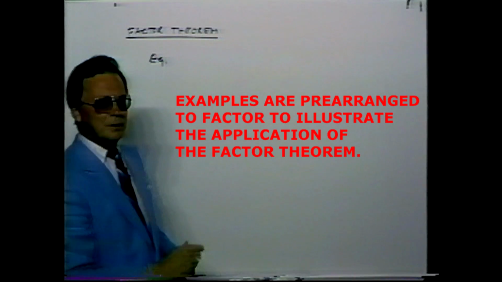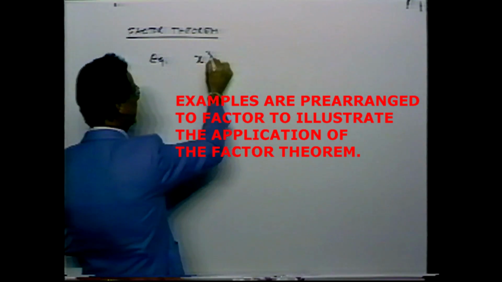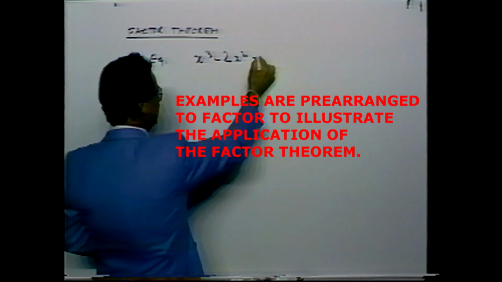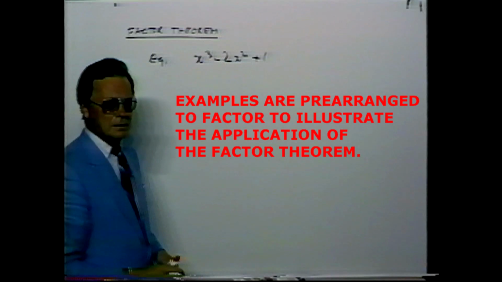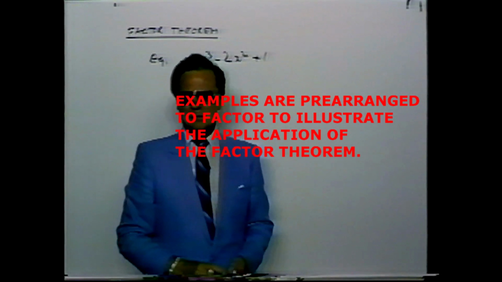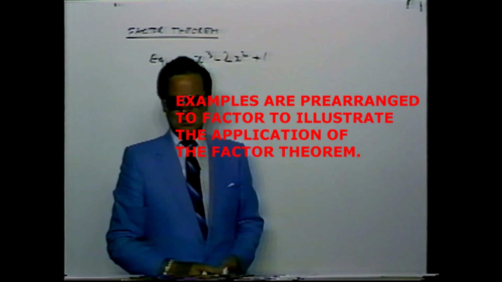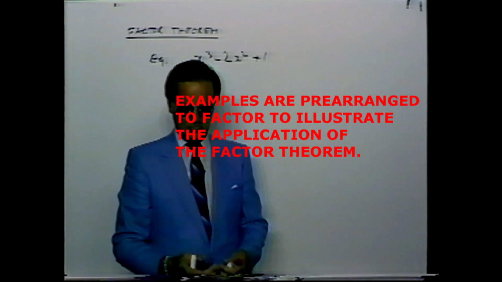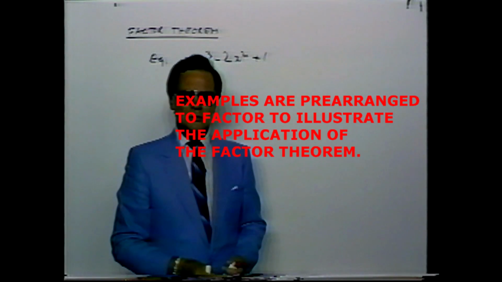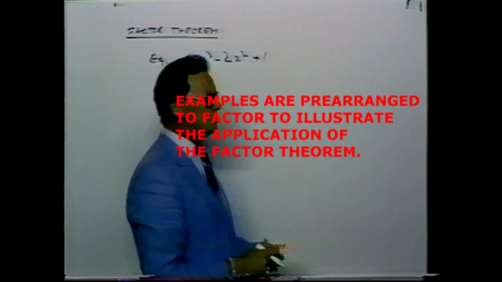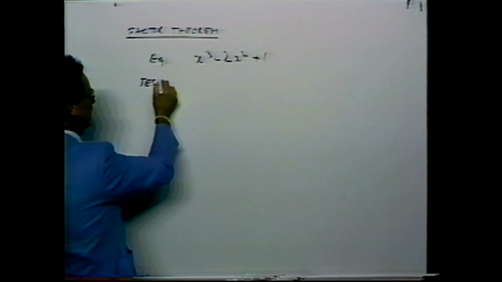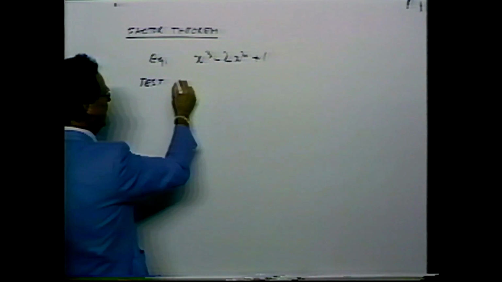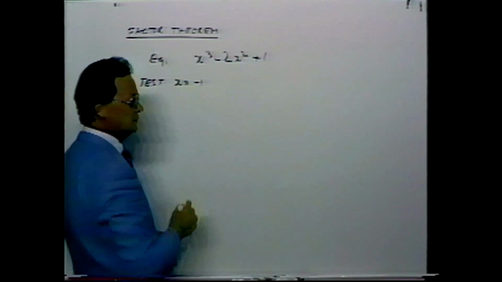Factor x cubed minus 2x squared plus 1. I happen to know that this polynomial can be factored. You cannot factor this polynomial in any of the methods so far described. Let's test then by letting x equal to minus 1.